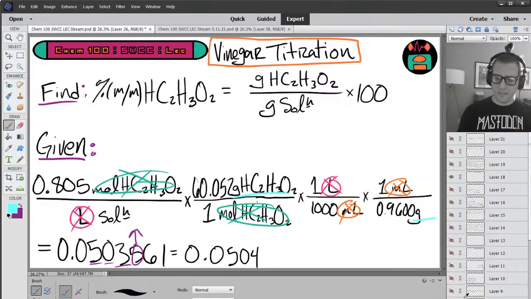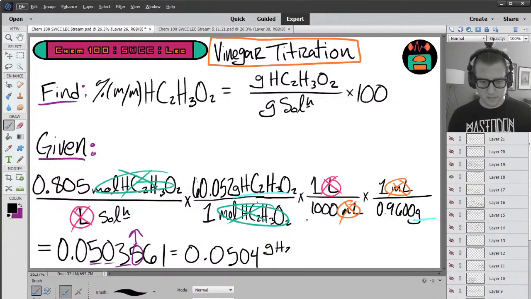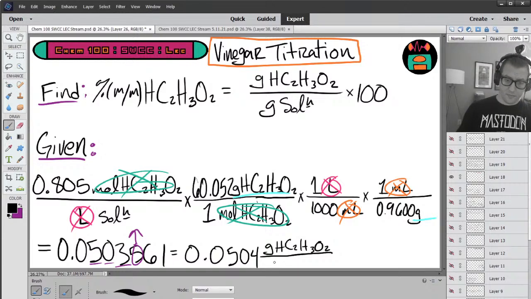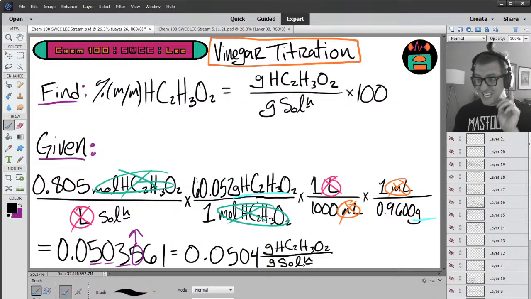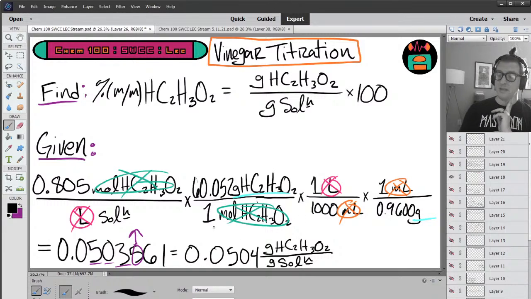Now look at the units that are left over. It's grams of acetic acid over grams of solution. Now, this is the easiest mistake to make when you're doing a calculation like this: to just box this.